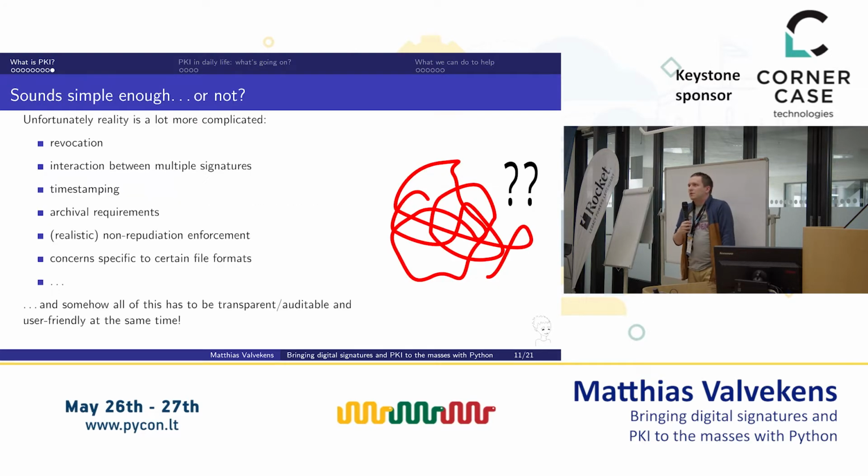But yeah, real life is hard. So in real life, you also have to deal with revocation, interaction between multiple signatures. That's very file format specific. Who knows, right? There's timestamping, archival requirements. Enforcing all this accountability business is also not trivial in practice. Again, concerns specific to file formats, right?